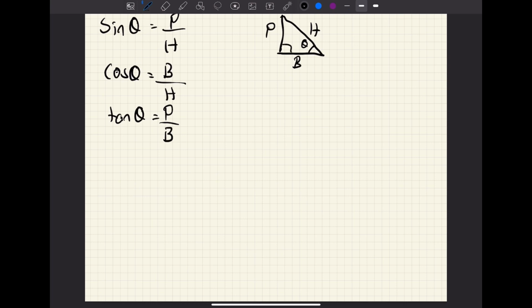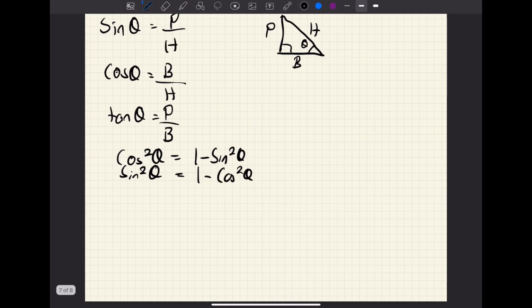So let's move on. We know that cos square theta was equal to, this is a brief rundown of AS, 1 minus sine square theta, and we know sine square theta similarly was equal to 1 minus cos square theta, and we know that cos square theta plus sine square theta was equal to 1, right?